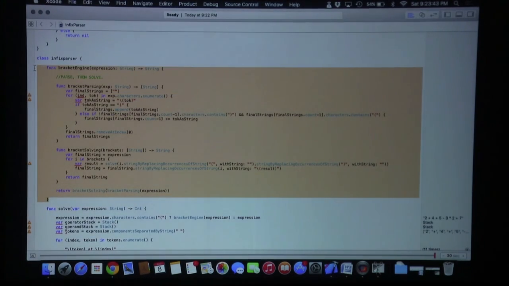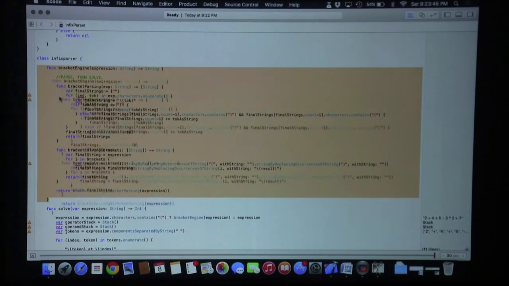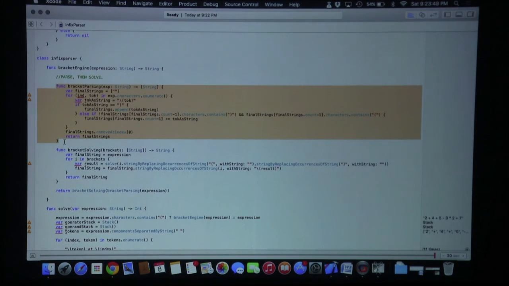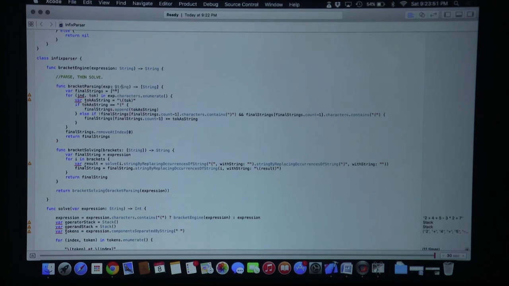It has some nested functions which will allow us, first of all, to parse out all of the brackets, so from the entire expression, convert all the brackets into an array of strings. If there are 5 sets of brackets, you want to put 5 sets of brackets into that string array.